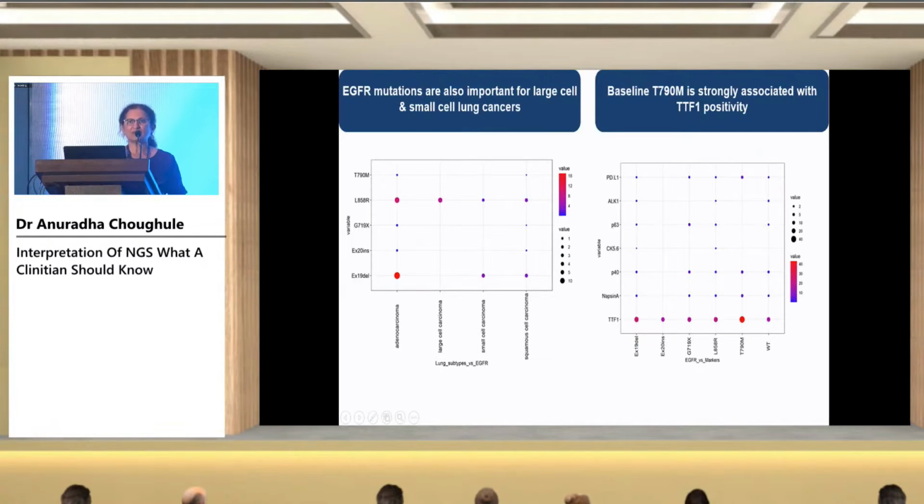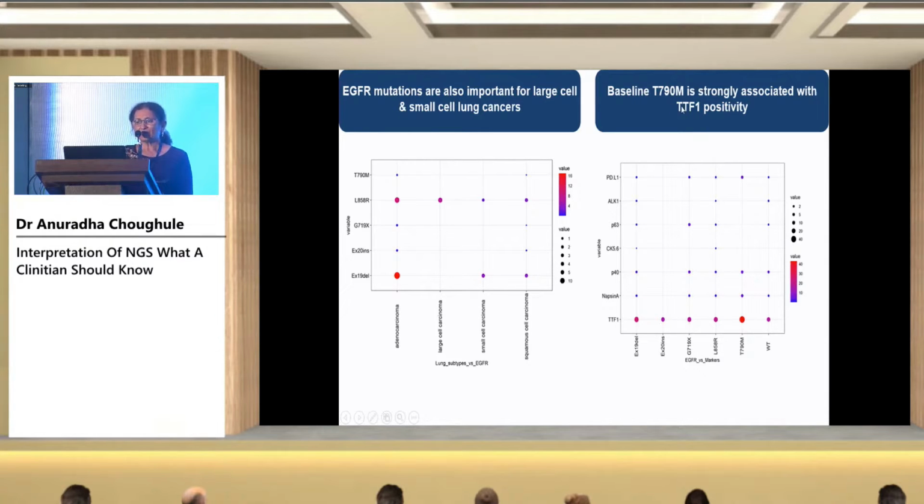We have come across some interesting features about EGFR. Earlier, testing was to be done only in NSCLC, but we have found mutations in large cell and small cell lung cancers, as you can see over here. And other than adenocarcinoma, exon 19 deletion could be seen in small cell carcinoma as well, and in squamous cell carcinoma.